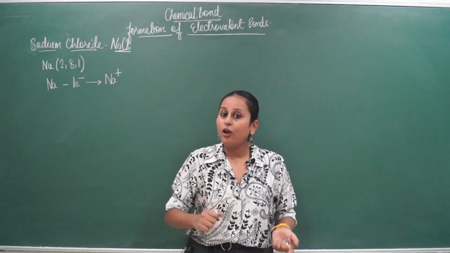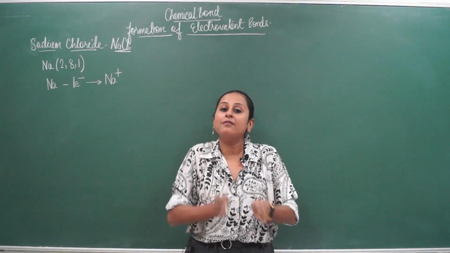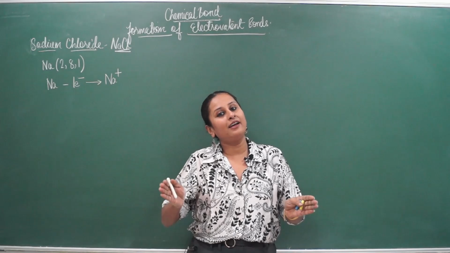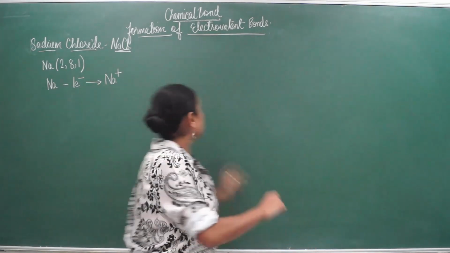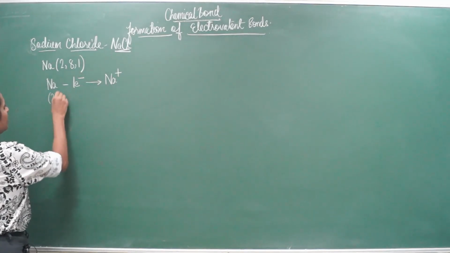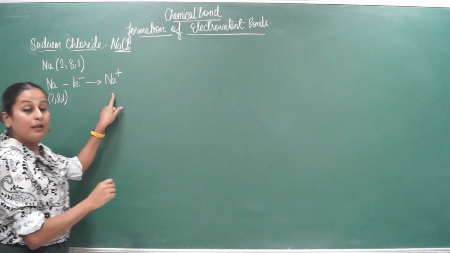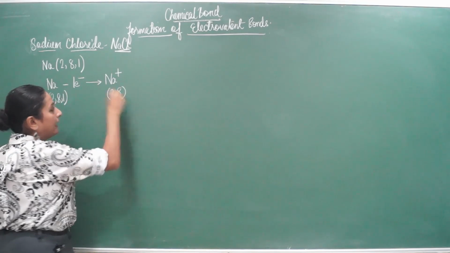It is the proton. How many protons more? One proton extra is there. So I have 11 protons and 10 electrons, so I have one positive charge with me. So it becomes a positively charged ion. So sodium has configuration 2,8,1, but sodium ion has a configuration of only 2,8.